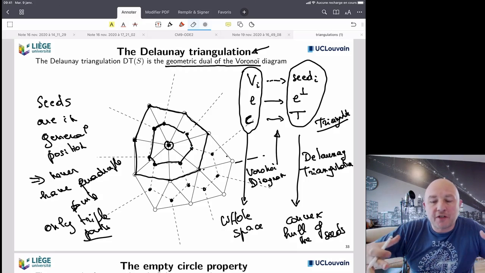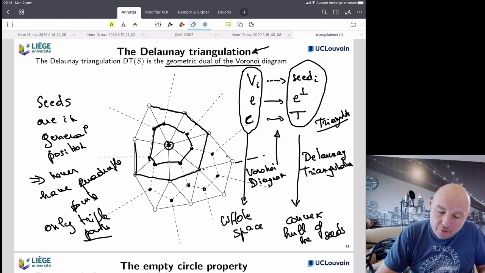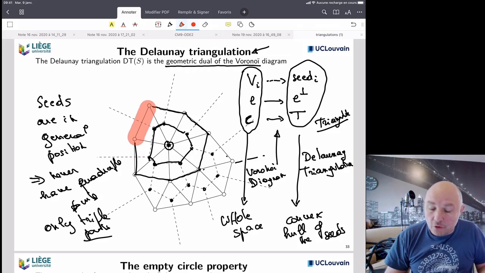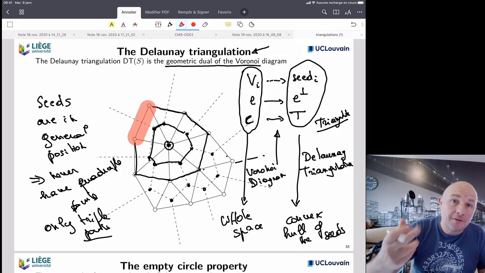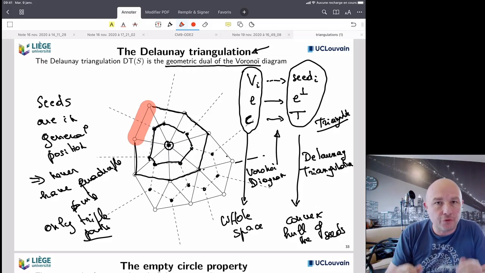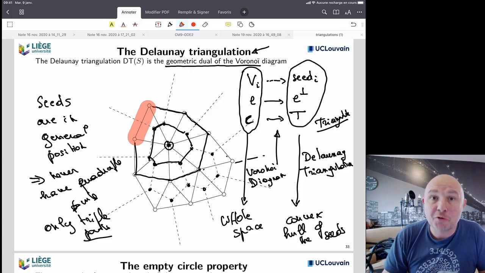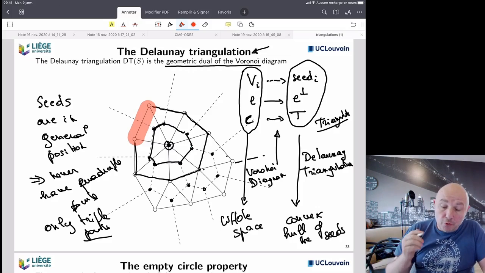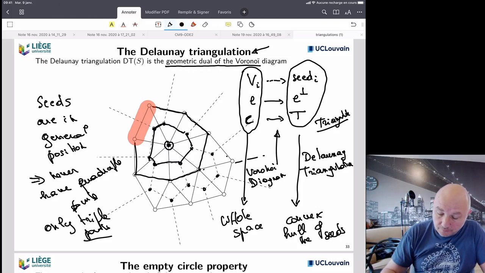You can walk in the triangulation, and if you find any edge here that has only one triangular neighbor, it means this edge is on the convex hull. That's it. So if you have the Delaunay triangulation, you have the Voronoi diagram, and you have the convex hull. That's nice. So how do we build Delaunay triangulation?